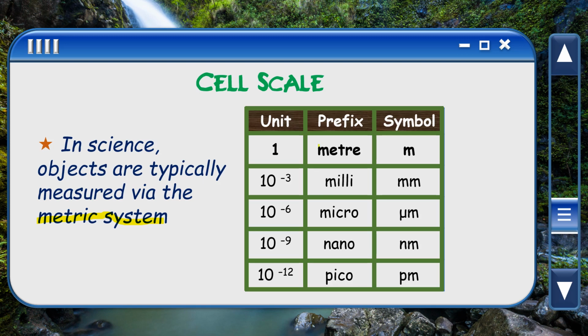So, we have meters, millimeters, micrometers, nanometers, and picometers.